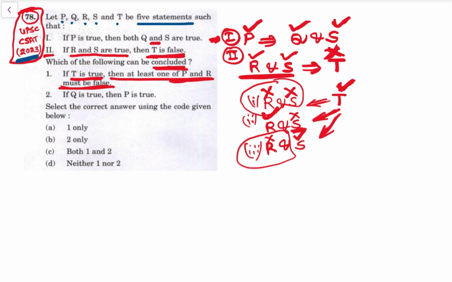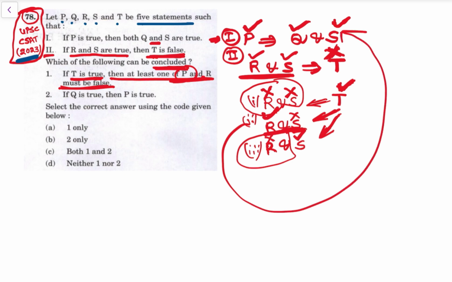Then from this statement, to know the link between P and R and S, we can use this statement with this one, right? See, देखो, if R is true and S is false, ठीक है, if and when S is true, Q and S is true.